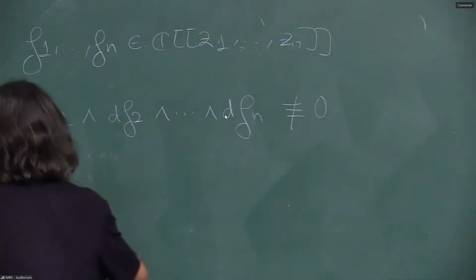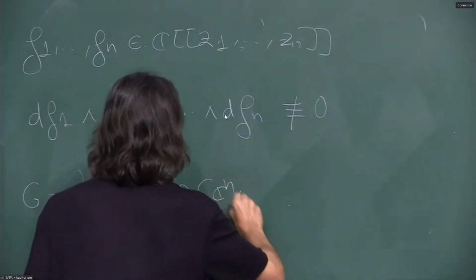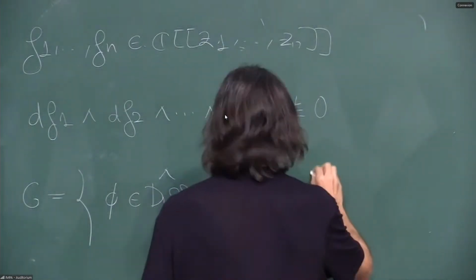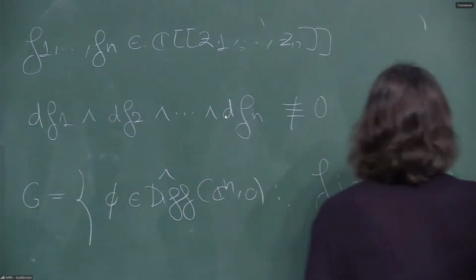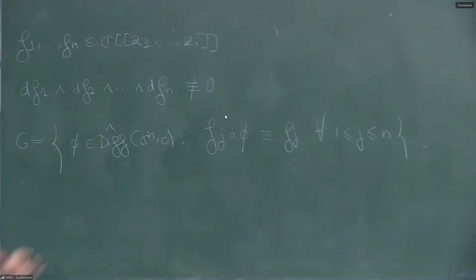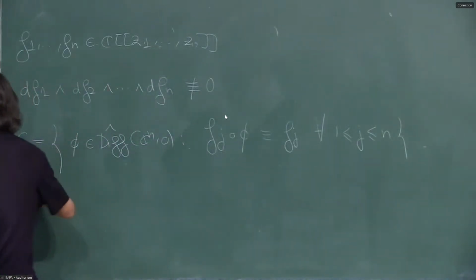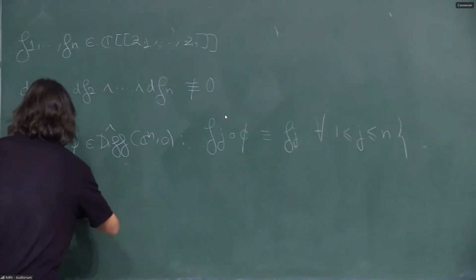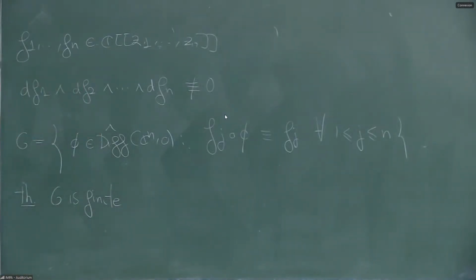So consider here the set of formal diffeomorphisms such that they preserve every single one of these functions. An application of these results that we were just talking about is that this group is finite. Theorem: G is finite. You can say, but this is more or less clear, right?